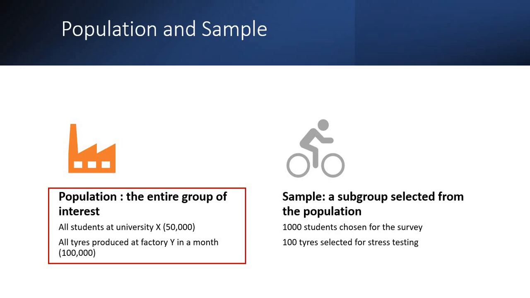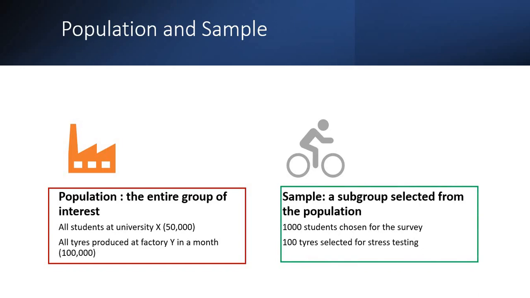But as we discussed, we cannot always collect data from the entire group of interest. So we take a subgroup from that population. For example, we might decide that we are going to select 1,000 students and get their opinions, or we might decide that we will choose 100 tires and subject them to stress testing.